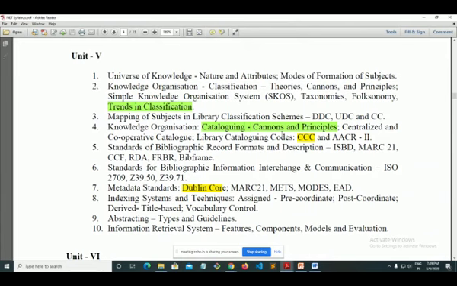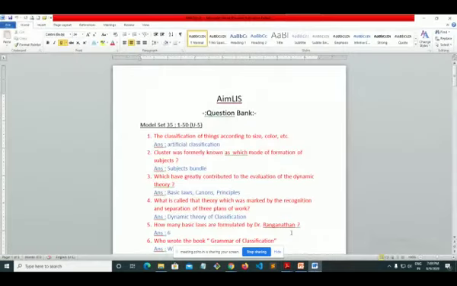Based on this unit 5, I have made a model set of objective questions like this.